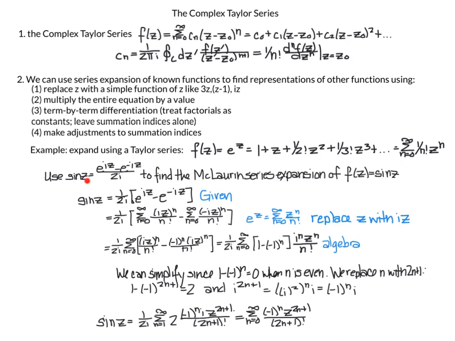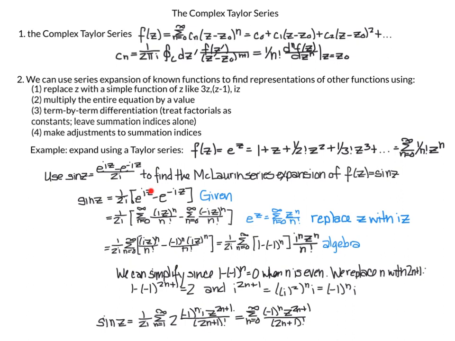But anyway, sine of z is equal to e to the iz minus e to the minus iz over 2i. So we're going to use this form of sine to get a Maclaurin series expansion of f of z equals sine z. So we start with sine z equals 1 over 2i, so I factored out the 1 over 2i.